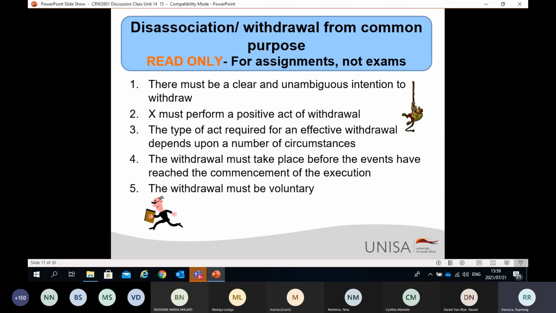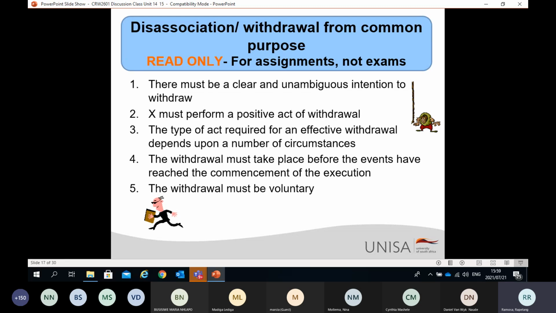Now, this portion, the concept of withdrawing from a common purpose, is something that we encourage you to read only for assignment purposes.